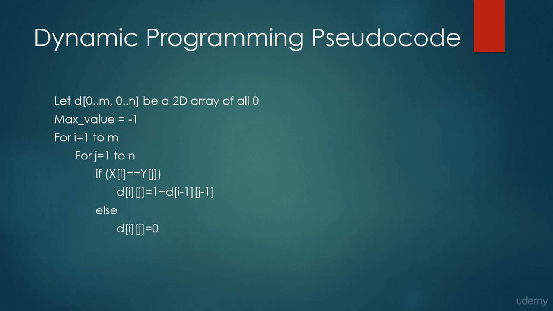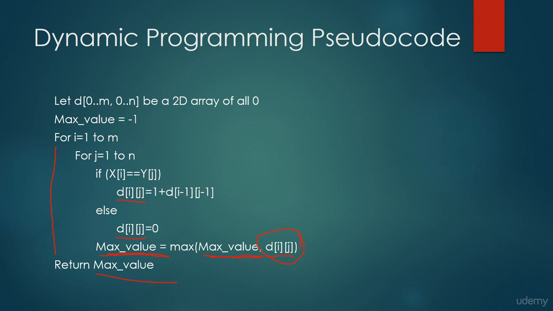Else dij equals 0. Finally, after we calculate dij, we set the maximum value equal to the maximum of the current maximum value or dij. At the end of these two loops, the maximum value will hold the maximum of all dij's, and so we just return max value.